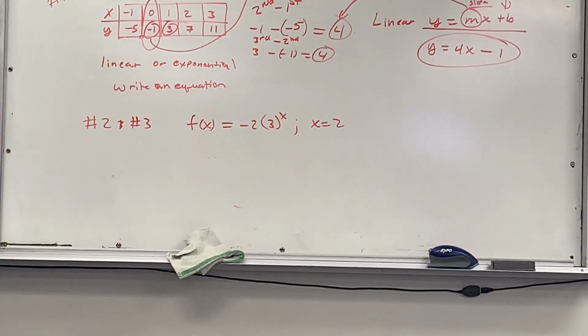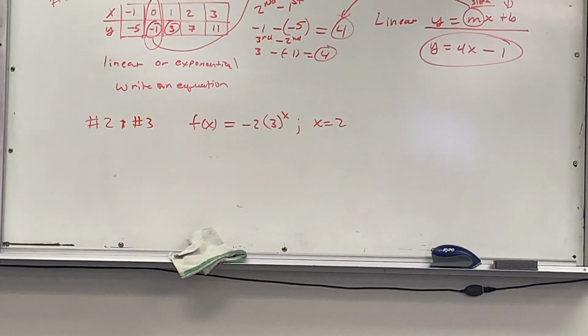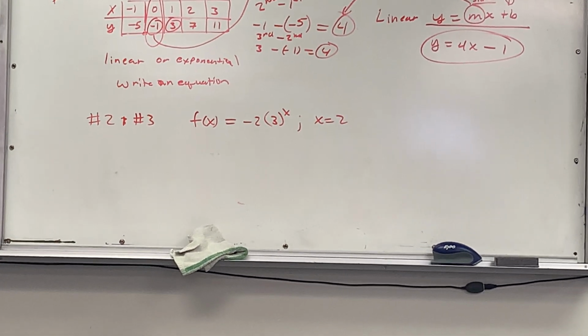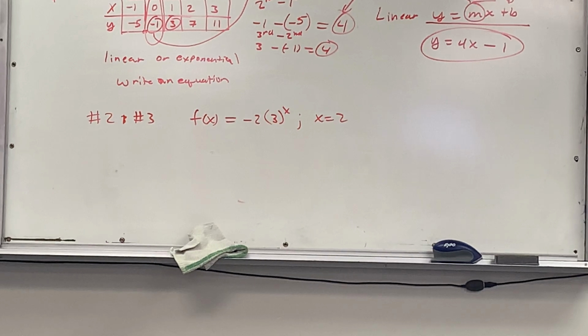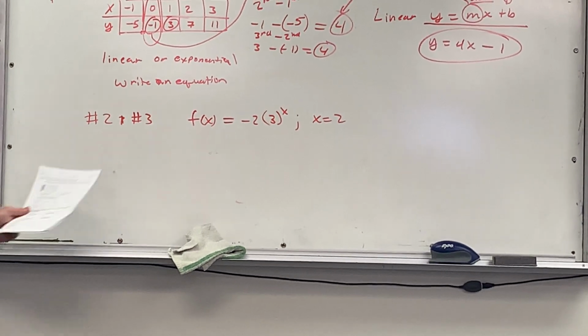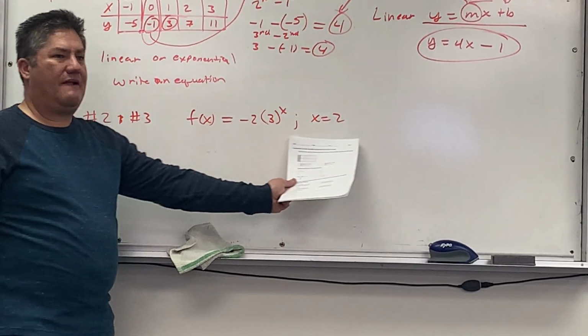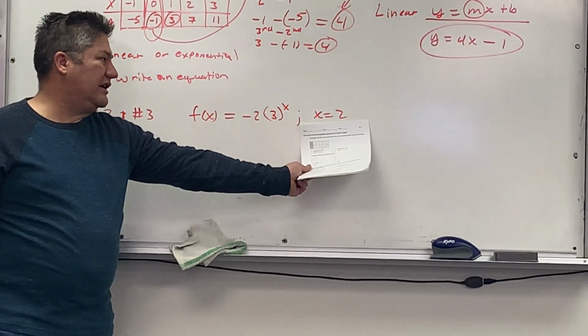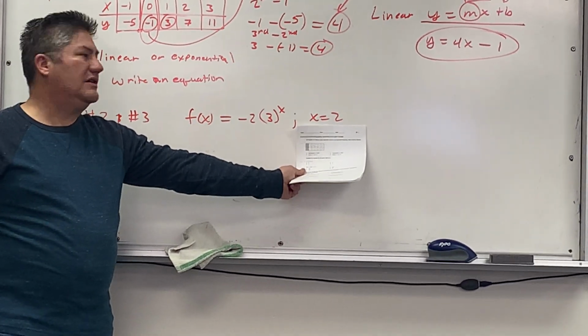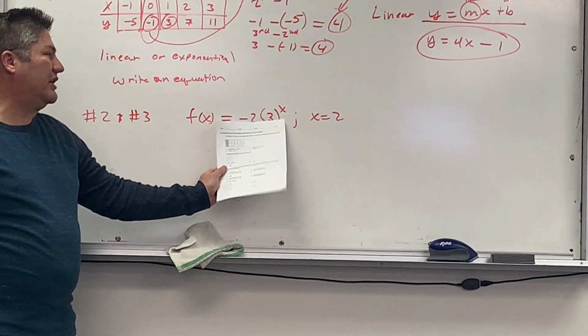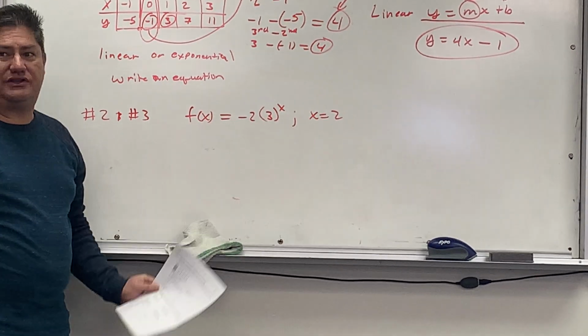Can you find that? What's that even asking? What do you think, Liberty? What do you think this is asking me to do? What is it telling me that x is? So what does it want me to plug in for x right there? 2. That's all it's doing.